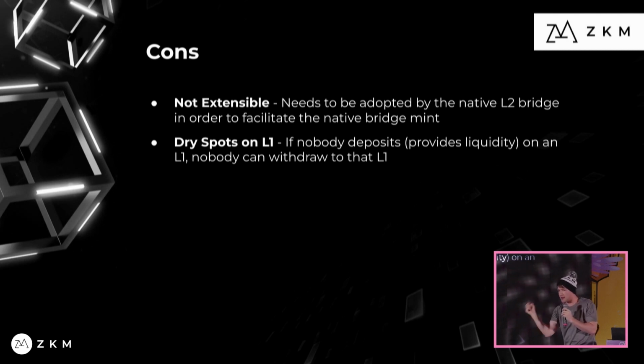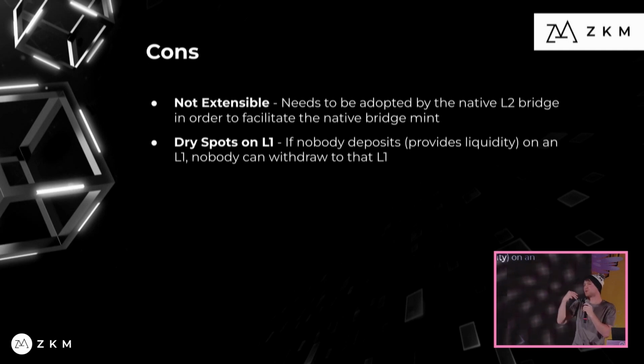But I can bridge to another chain on the L2 network that has liquidity on L1 and withdraw it there. So I can still access my funds, but on a different chain that's implemented. So maybe not Avalanche, but maybe back to Ethereum.